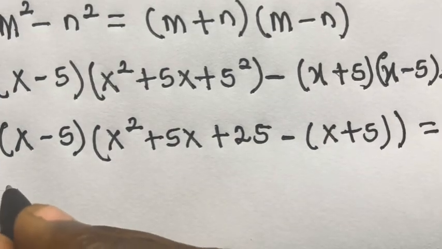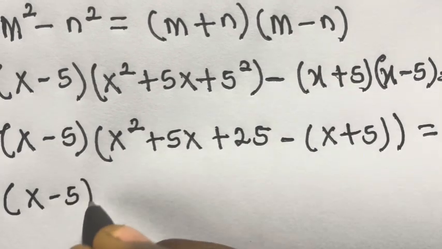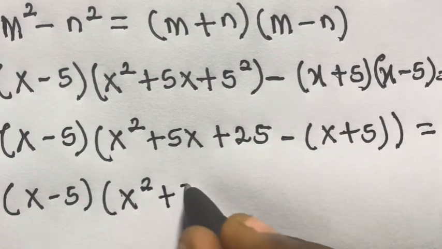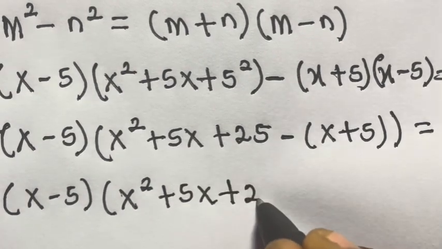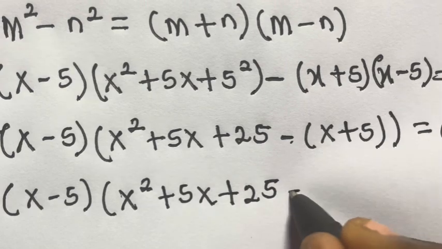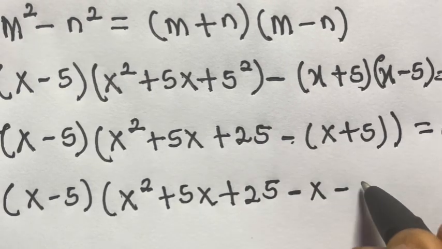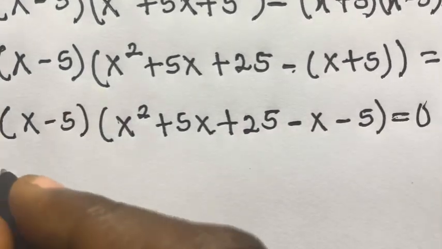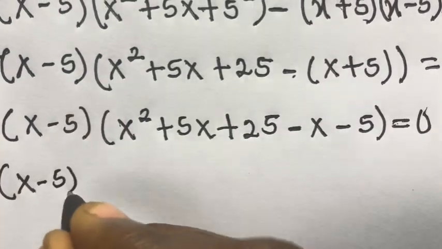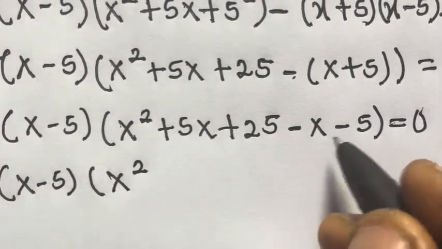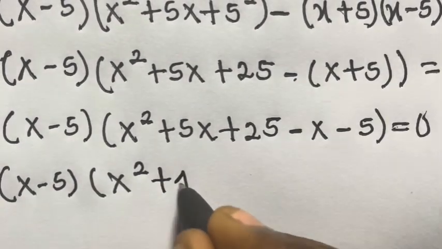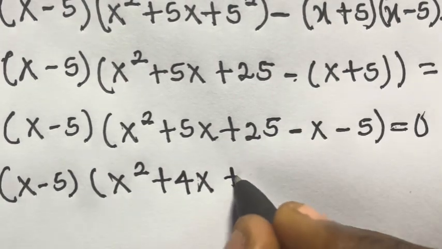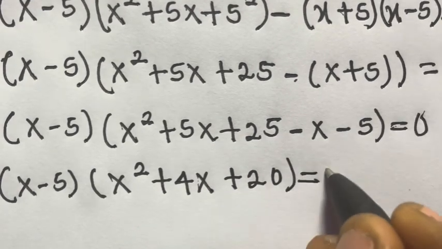So now we will have x minus 5, x squared plus 5x plus 25. Here we have minus x, then minus 5 equals 0. We have x minus 5, x squared plus 5x minus x, so we have plus 4x, then plus 25 minus 5, that is plus 20, equals 0.